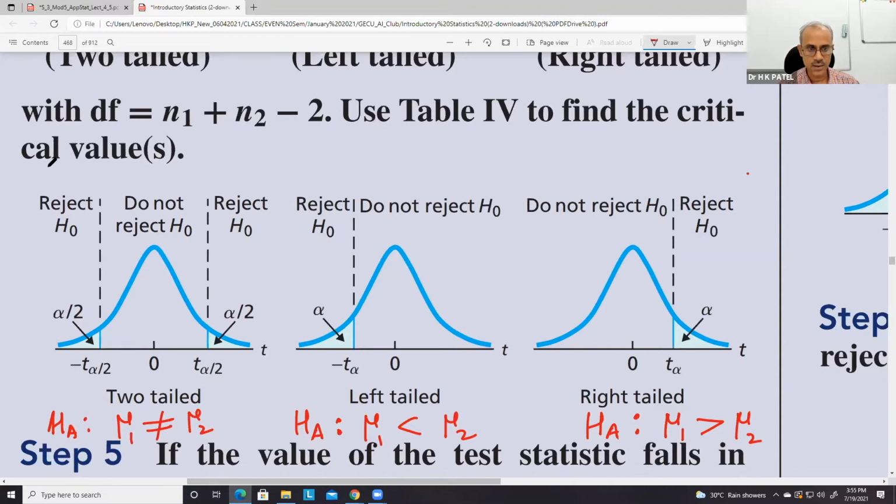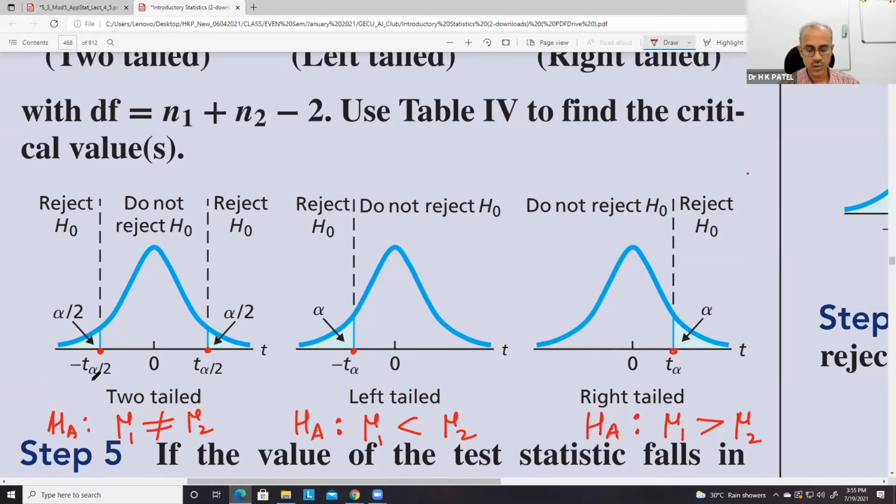So this is the figure, and you can see that this T alpha by 2 points we obtain, or in case of left or right tail, we have to find T alpha.